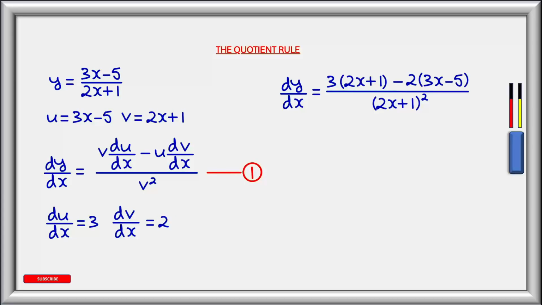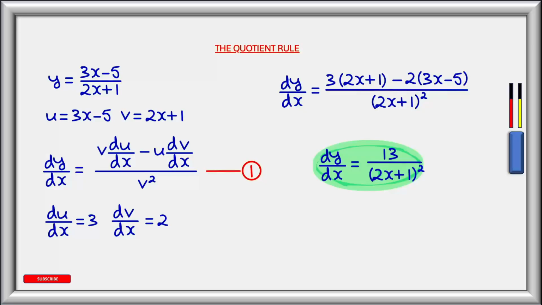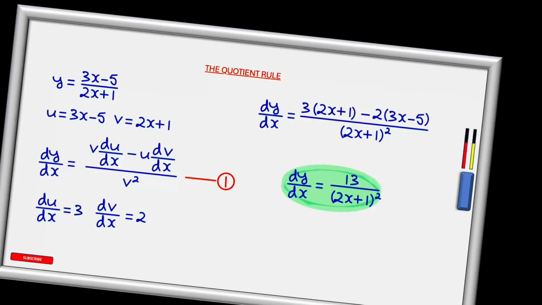And when we do this, we have dy/dx is equal to 3 into the bracket of 2x + 1, minus 2 into the bracket of 3x - 5, and this is all divided by (2x + 1) all squared. And expanding the brackets in the numerator, we get our final result, where dy/dx is equal to 13 divided by (2x + 1) all squared.